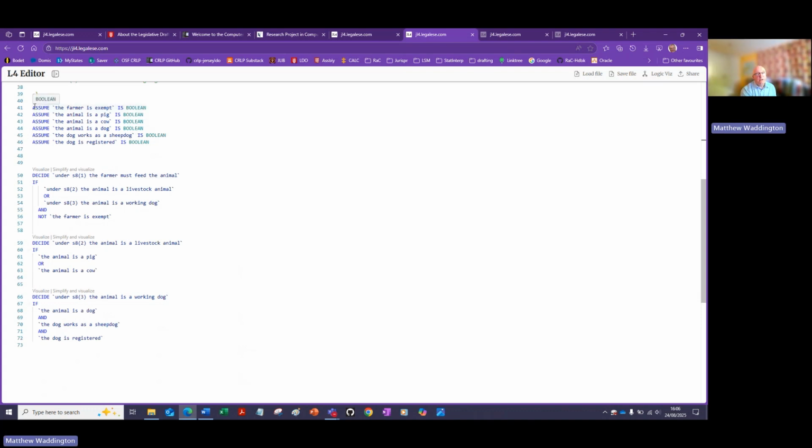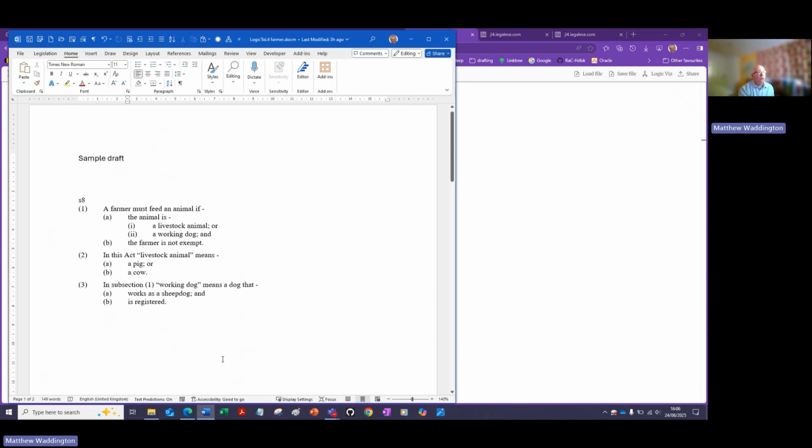So L4 needs to be told that expressly, but as I say, we can do this mechanically. One of my colleagues, Kate Hanna, has come up with a way of doing this using Word macros.